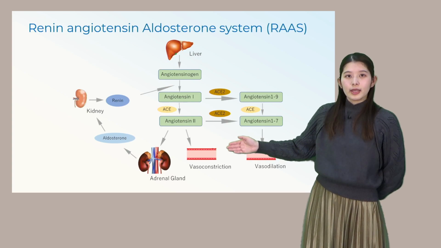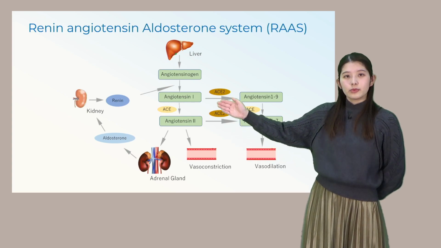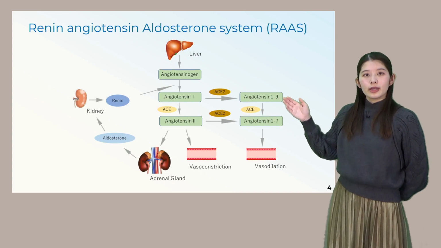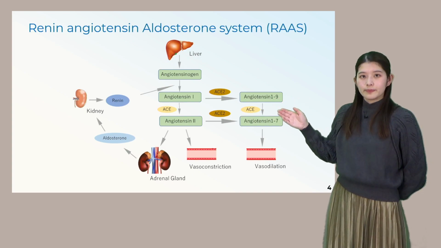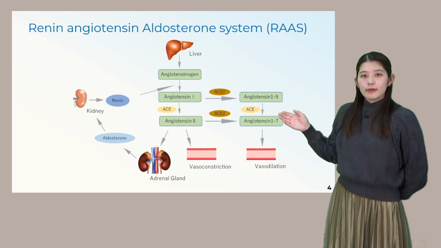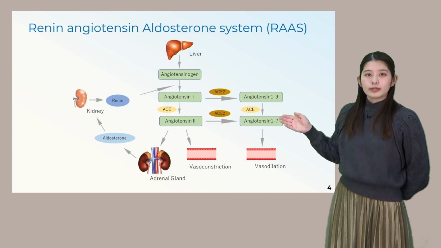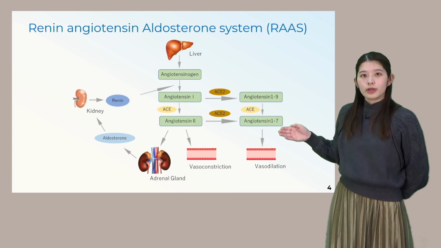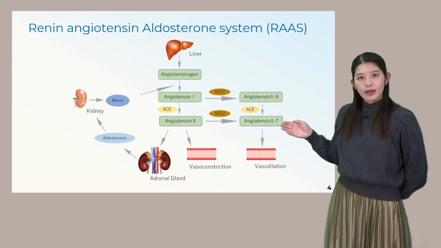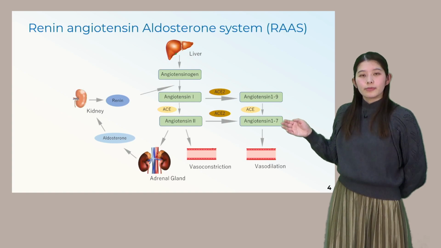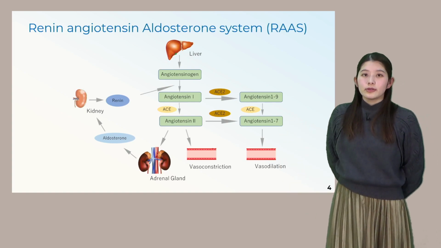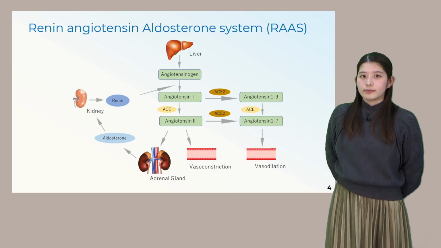On the other hand, ACE2 converts angiotensin 1 and angiotensin 2 into angiotensin 1-9 and 1-7 respectively. Angiotensin 1-7 binds to the MAS1 receptor that elicits vasodilation, anti-hypertrophic effects, or anti-proliferation. So it is intriguing that ACE2 has multiple functions.